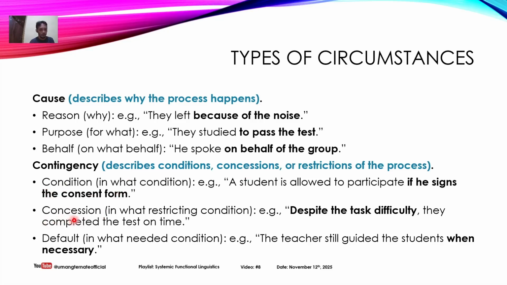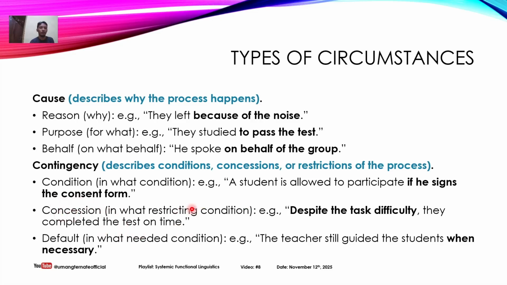Meanwhile, the concession, we can see here, despite the task difficulty, they completed the test on time. So the task difficulty is actually a restriction to complete the test on time, but it is considered.